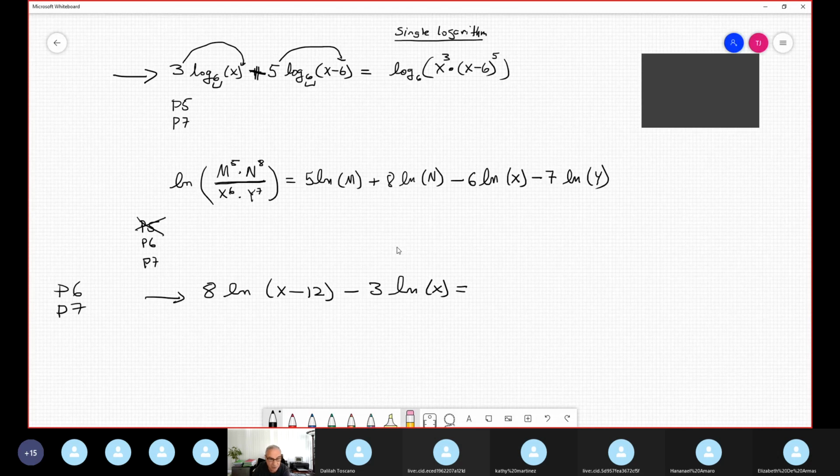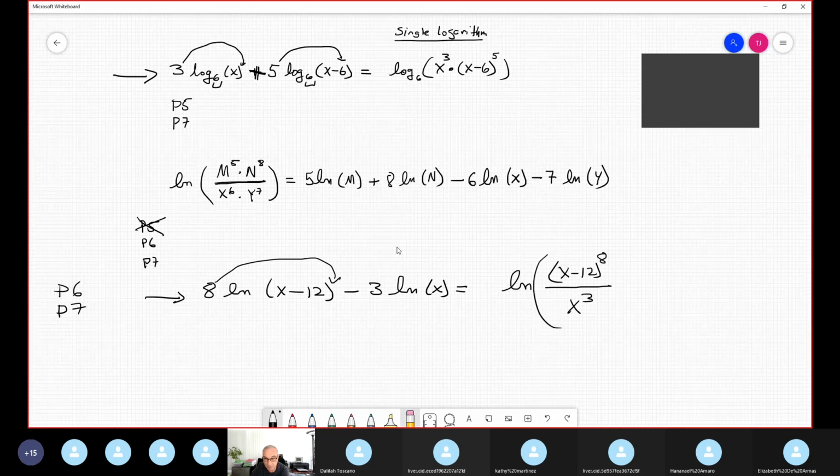Because it's minus. When it's minus, it's 6, division. So you copy only one ln, because the idea is condensing into only one. On the top you put the positive part, x minus 12 raised to the a power, because the coefficient goes to the power. And in the bottom, we have x to the cube power. Everything enclosed in the big parentheses.